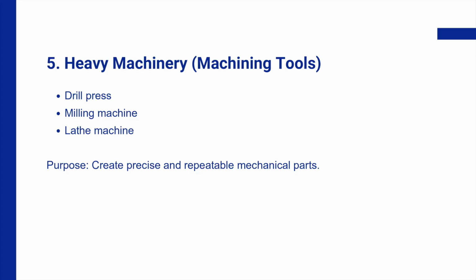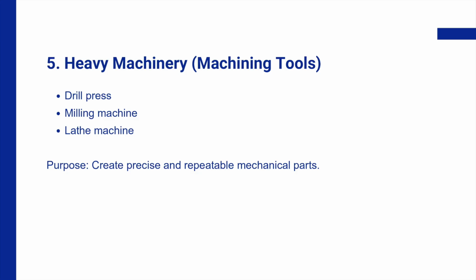Now we have the specialized tools. In addition to the general engineering tools, there are also specialized tools that depend on the engineering field and application. For example, different industries may require tools for forming, finishing, or assembling materials in specific ways.